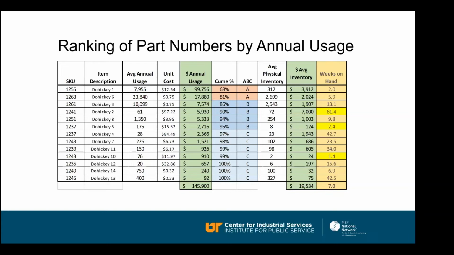The first item that we see, the doohickey one, has an average annual usage of $99,756. So $99,756 divided by the $145,900 is 68%.